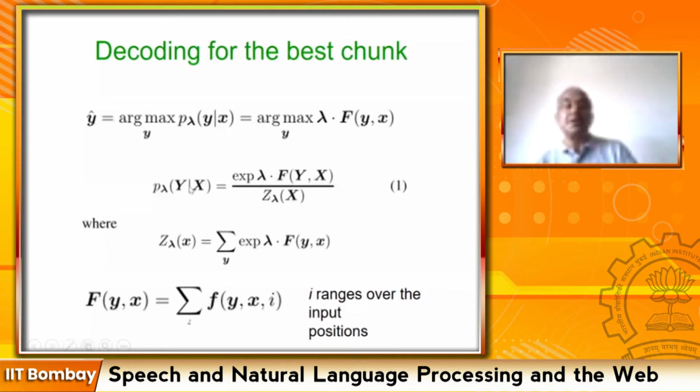Not so. Here, the modeling is in terms of exponential distribution, and the exponent is a special construction. It is constructed out of the product of the weight vector and the feature vector.